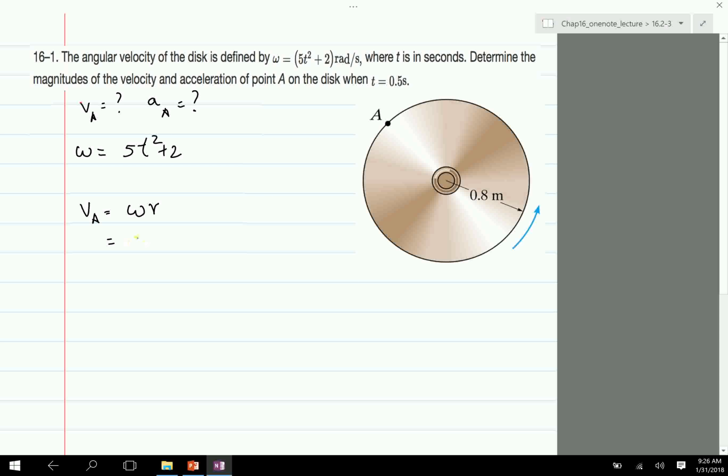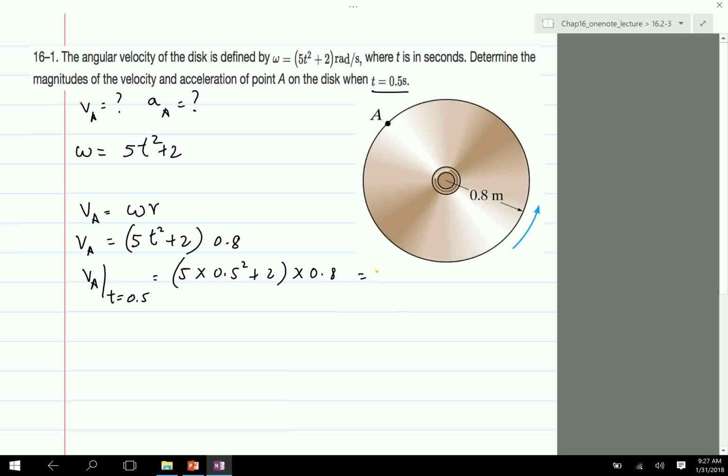So omega is 5t squared plus 2. The radius is given as 0.8. So the velocity of A at t equals 0.5 seconds is 5 times 0.5 squared plus 2, times 0.8. So that comes out to be 2.6 meters per second.